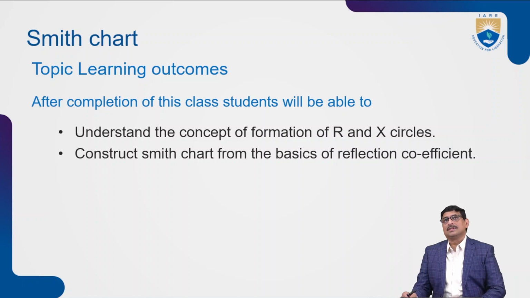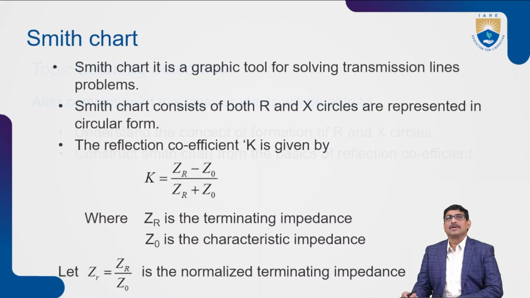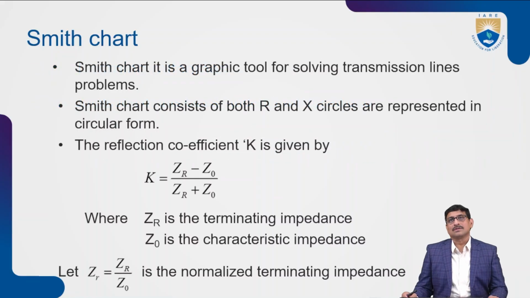To understand the formation of the R and X circles, we'll start with the reflection coefficient expression, which is K equal to ZR minus Z0 by ZR plus Z0, where ZR is the terminating impedance and Z0 is the characteristic impedance.